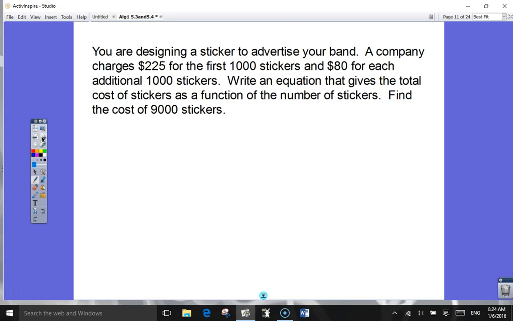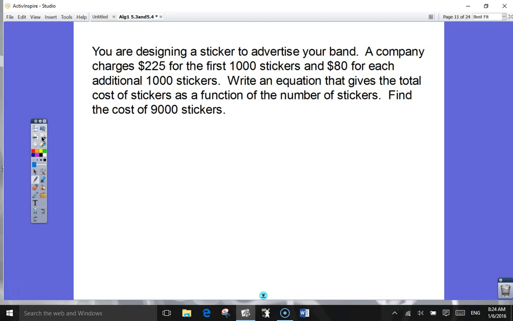Write an equation that gives the cost of stickers as a function of the number of stickers. It's kind of like a problem from last assignment, where we take a point and the slope, or 2 points, and make an equation of a line. We didn't use point-slope, we used slope-intercept to do it.